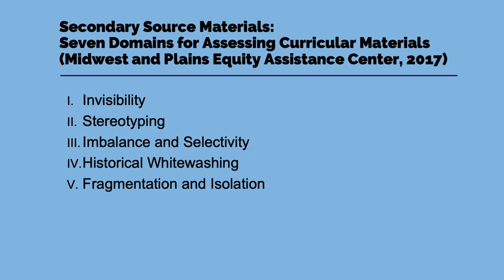Fragmentation and isolation is another domain. Yeah, talk about that. So that's where you might have a group, a cultural group, that is visually or textually separated from other groups, as if there's no interaction between the two. So, for example, a textbook talking about the antebellum South may say, here's a chapter on the antebellum South people. Part A is about the planters.